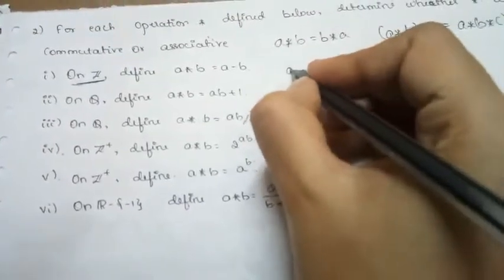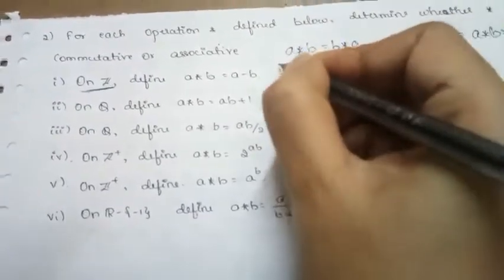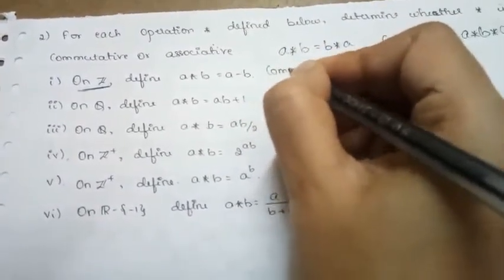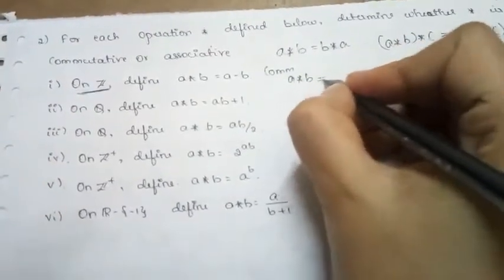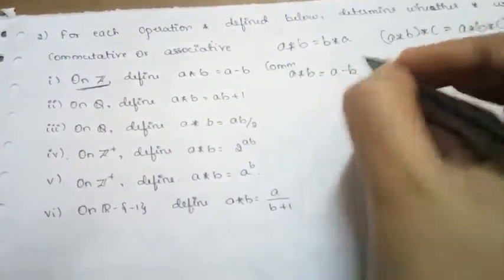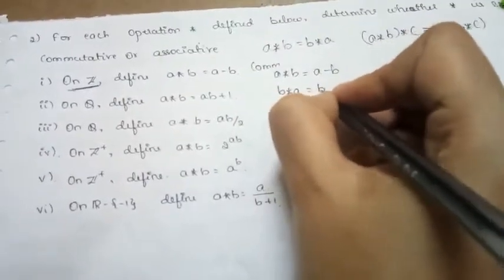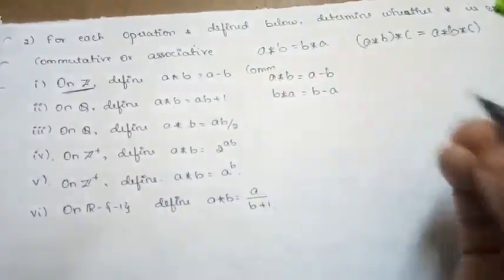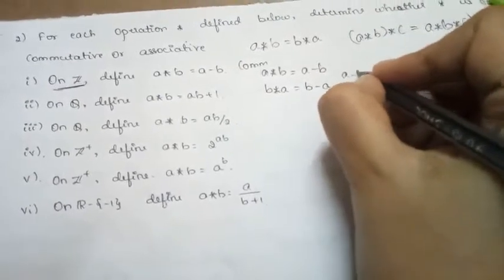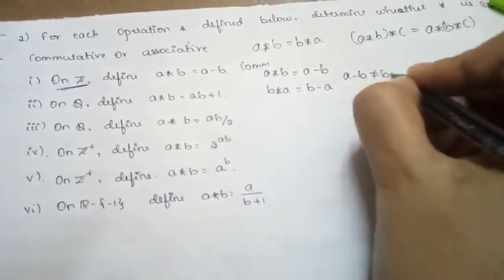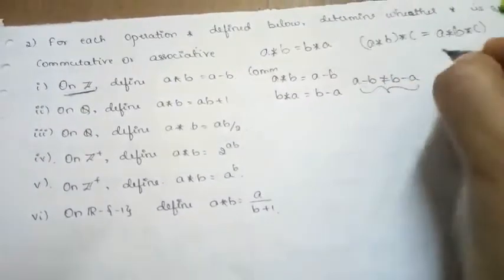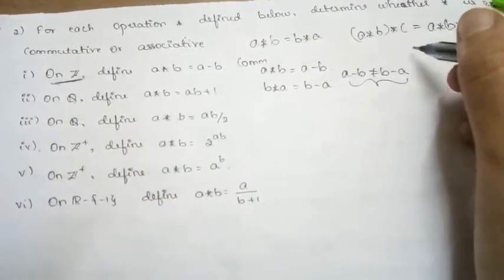Obviously, if I am checking for commutativity, a star b is a minus b. What is b star a? It is b minus a. Obviously we know that a minus b is not at all equal to b minus a. You can justify this by taking any random example.